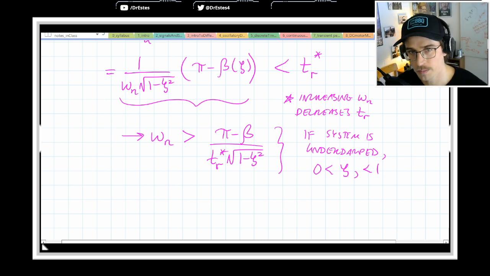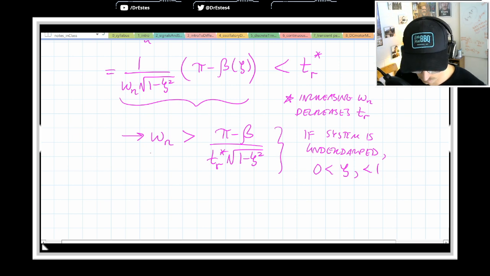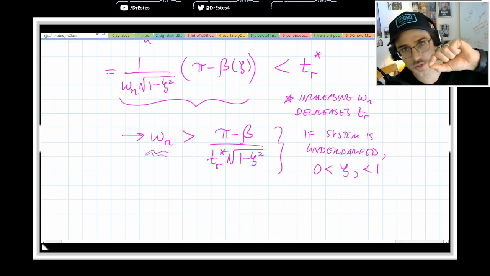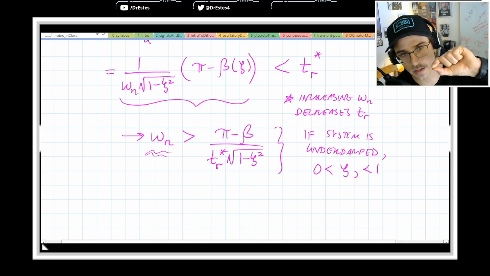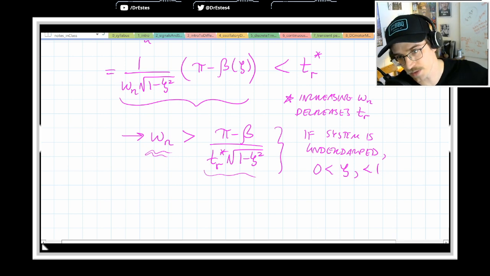So what I'm going to do in MATLAB is make a vector of damping ratios between 0 and 1. That's going to be my first step. That'll be the class of all underdamped systems. And then I'm going to calculate from that the corresponding natural frequencies. So for each damping ratio that I provide, I can use this function to spit out, okay, if that's your damping ratio, your natural frequency needs to be greater than this.